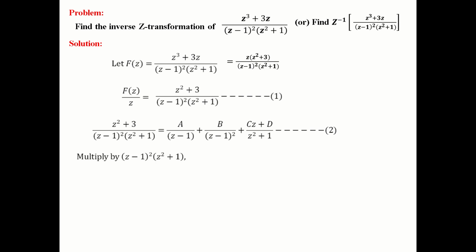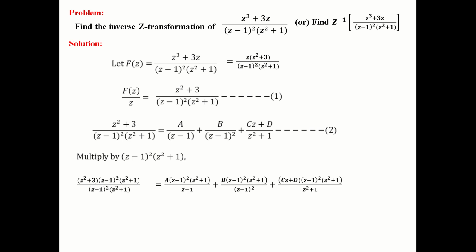So multiplying both sides by (z minus 1) square into (z square plus 1), we get (z square plus 3) by (z minus 1) square into (z square plus 1), into (z minus 1) square into (z square plus 1), is equal to first term A into (z minus 1) square into (z square plus 1) by (z minus 1), plus B into (z minus 1) square into (z square plus 1) by (z minus 1) square.